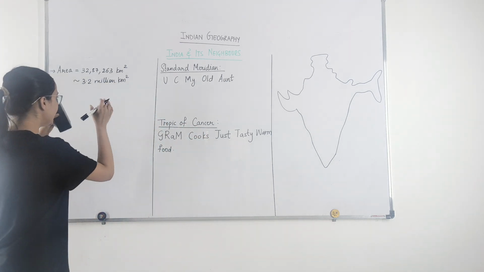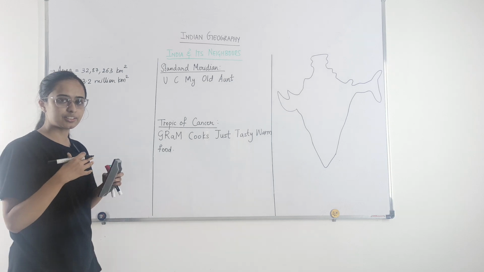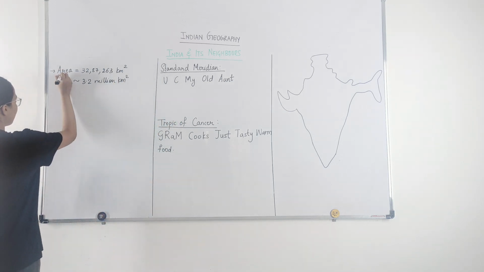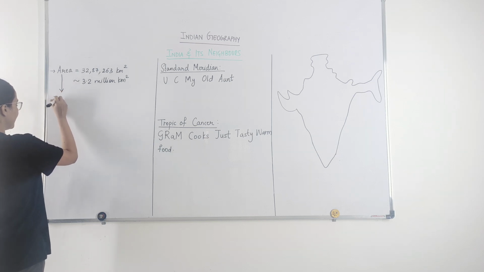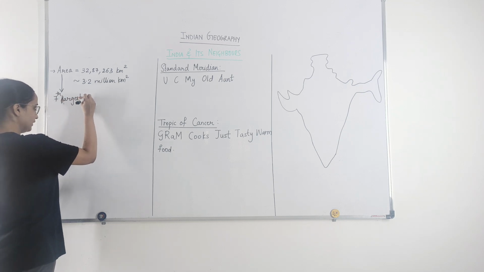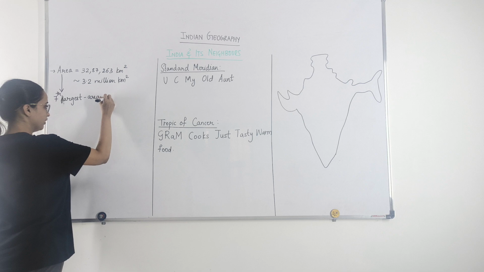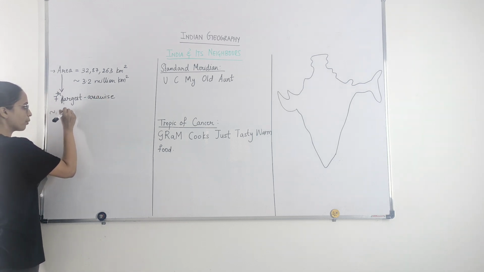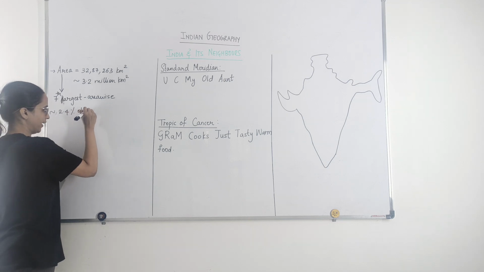Now, India is considered as the 7th largest country in the world in terms of area. So when you compare India's area globally, India stands at the 7th position. So it is the 7th largest country area-wise, and it covers approximately 2.4% of the global land.